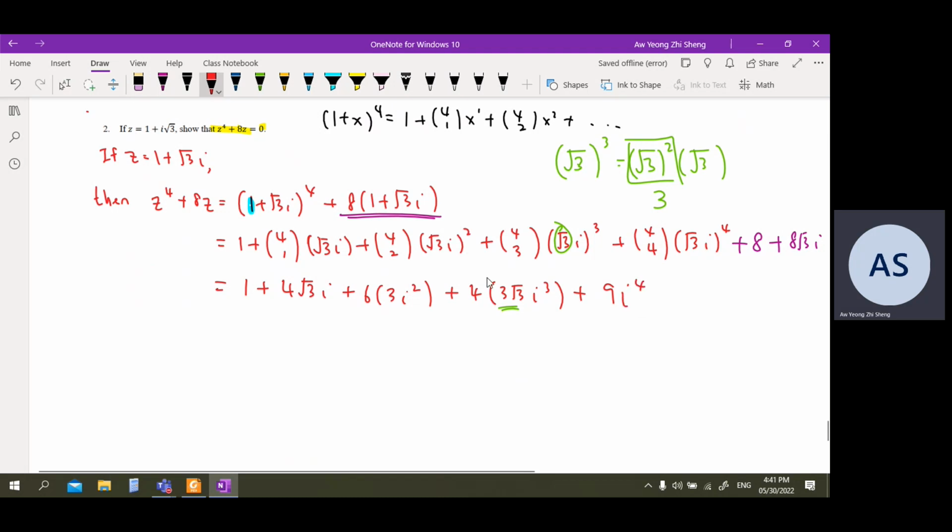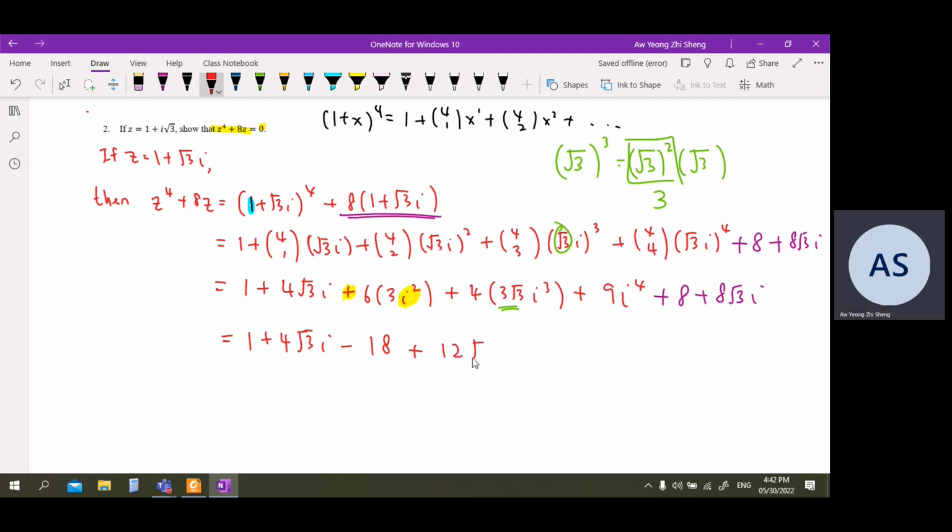The I to the 4, the purple colored term, remains unchanged for now. Okay. The I squared becomes a negative 1, so that changes the plus in front to become a minus. 6 times 3 is 18.